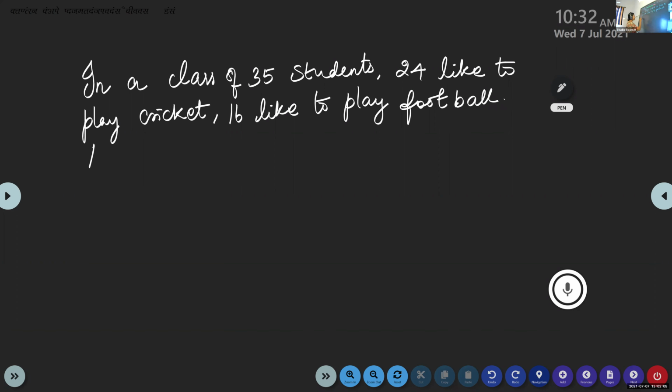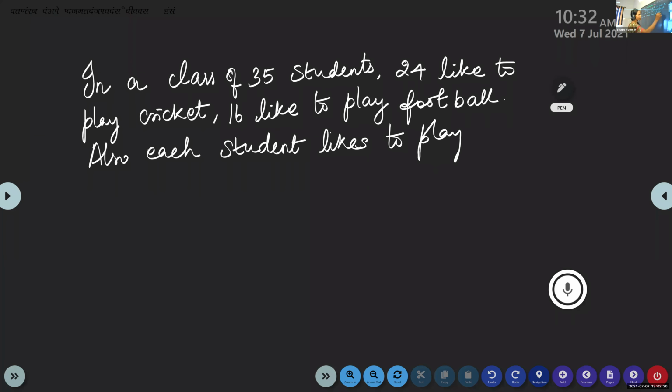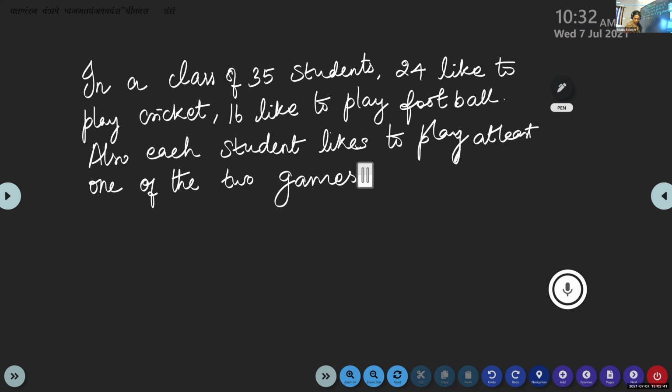Also, each student likes to play at least one of the two games.